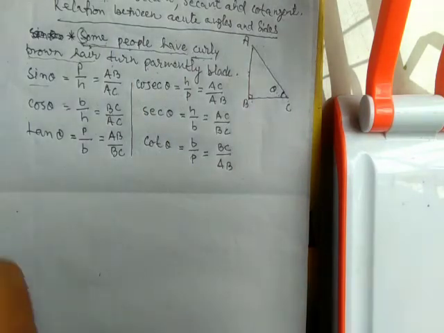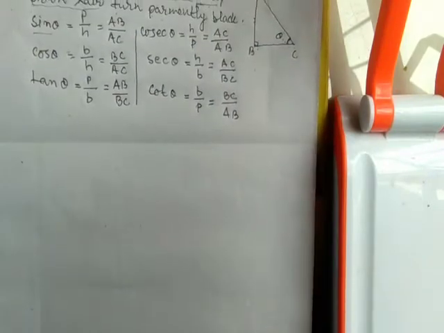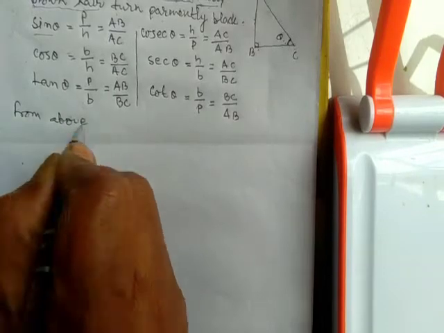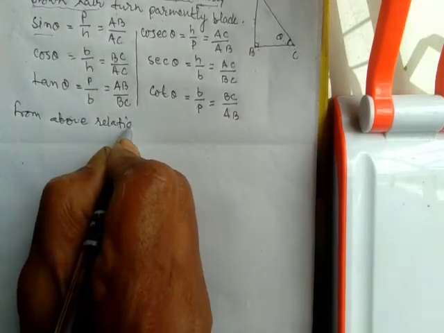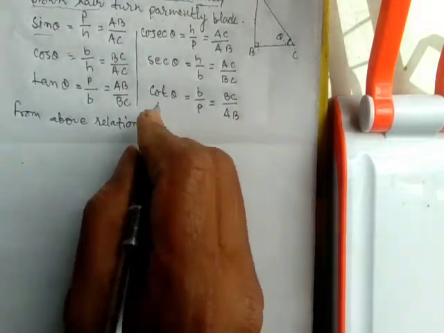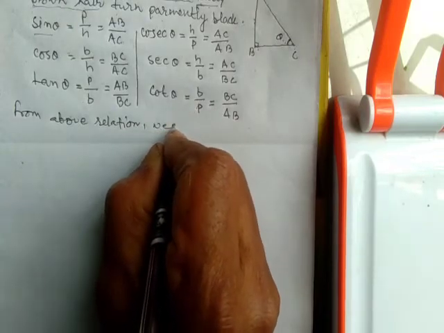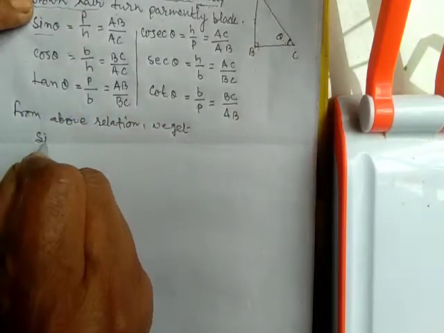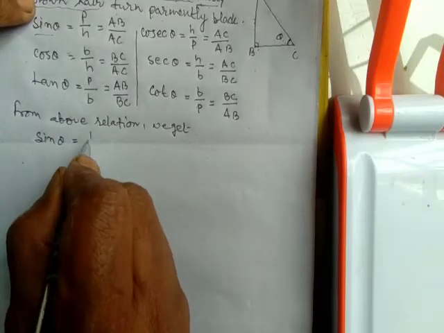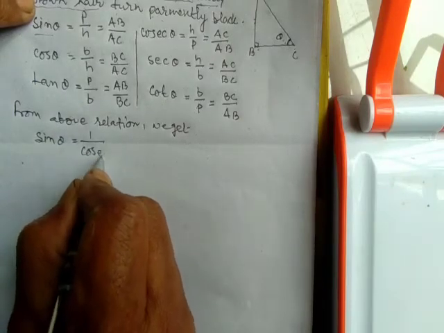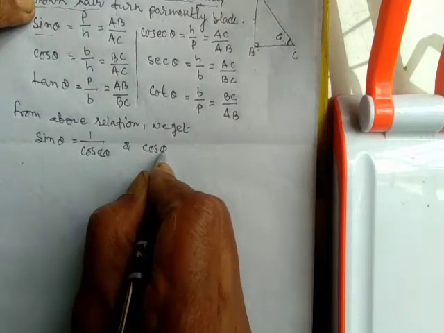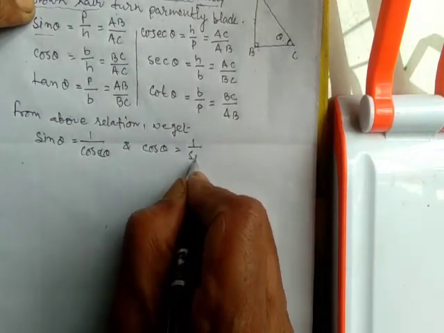From the above relations, we get sin theta is equal to 1 by cosec theta, and cosec theta is equal to 1 by sin theta.